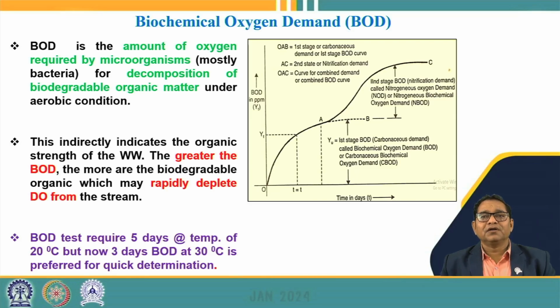The higher the BOD, the more organic strength present, which may undergo rapid oxidation by bacteria and may deplete the DO levels in the receiving water bodies. This test requires 5 days at a temperature of 20 degrees centigrade. But nowadays, because this takes a lot of time, 3 days BOD at 30 degrees centigrade is preferred for quick determination of biological oxygen demand.